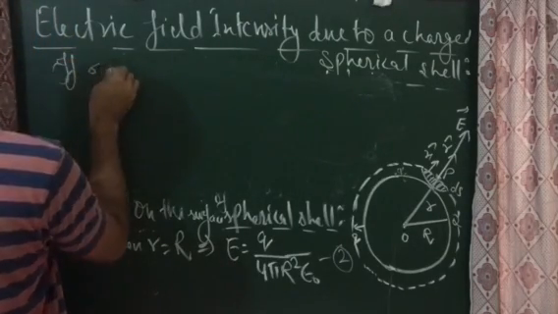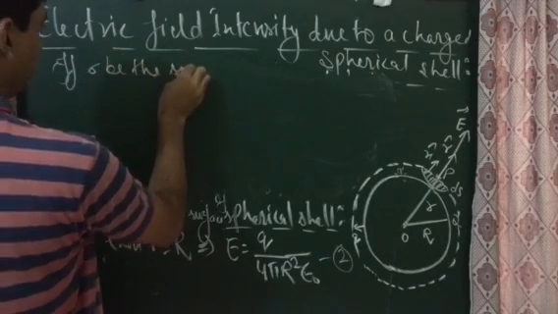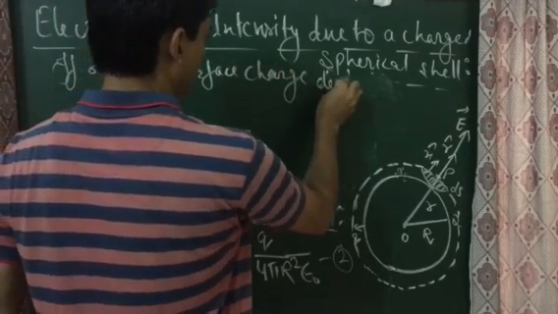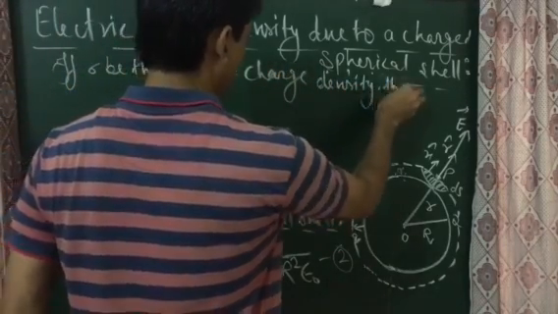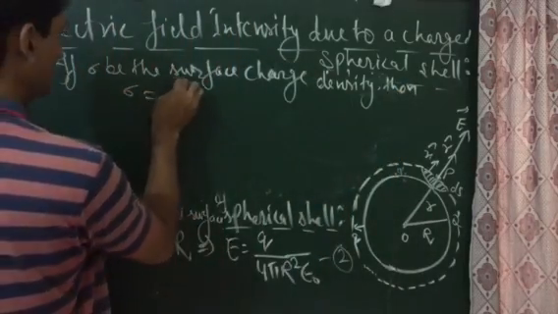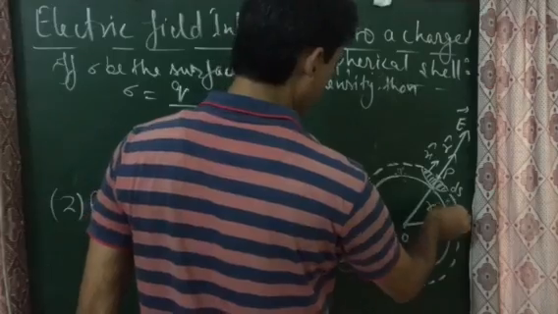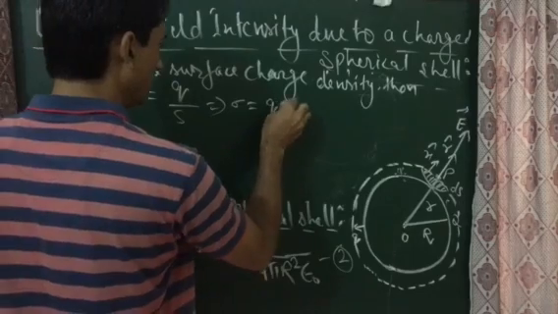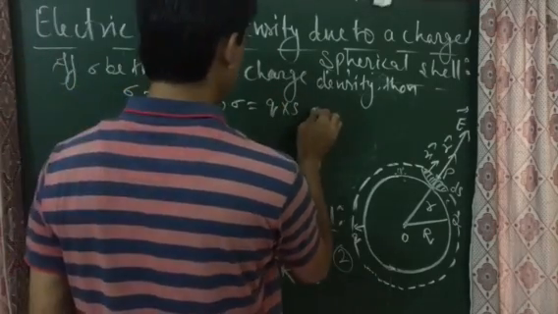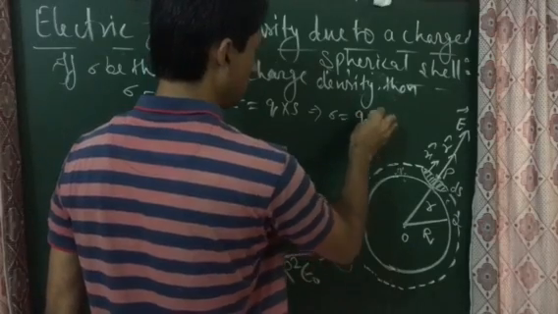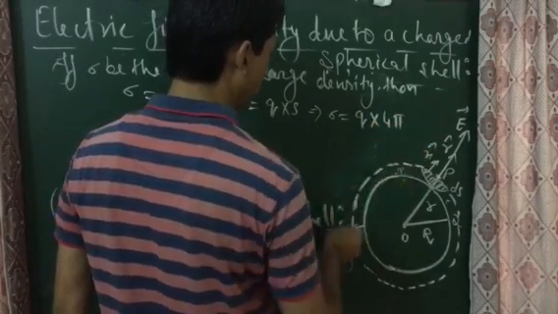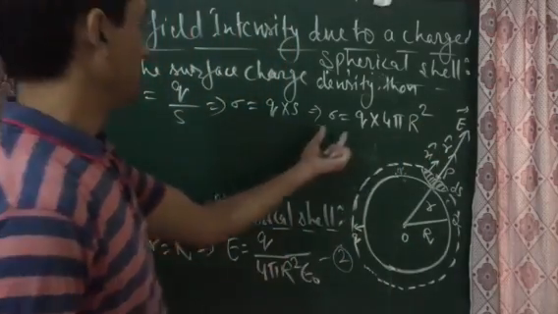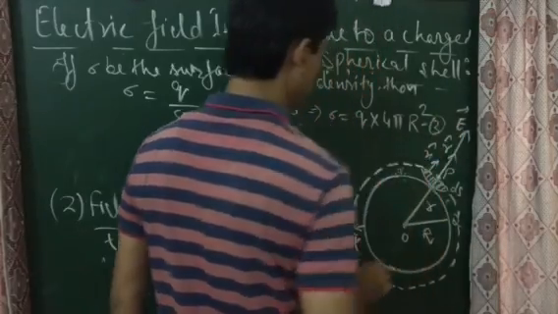Then sigma is equal to Q upon whole surface area S, that is sigma is equal to Q upon 4 pi r square, because small r is equal to capital R. So let this be equation number 3.